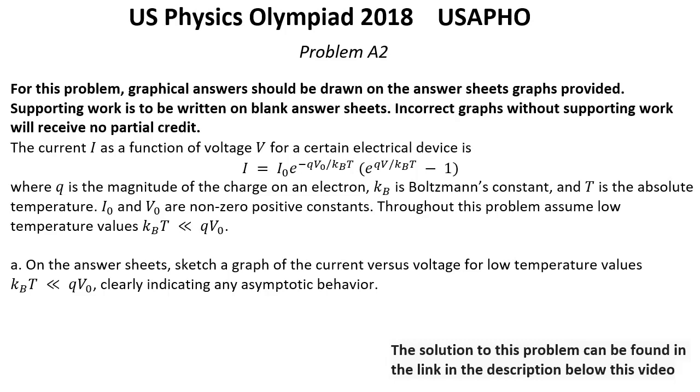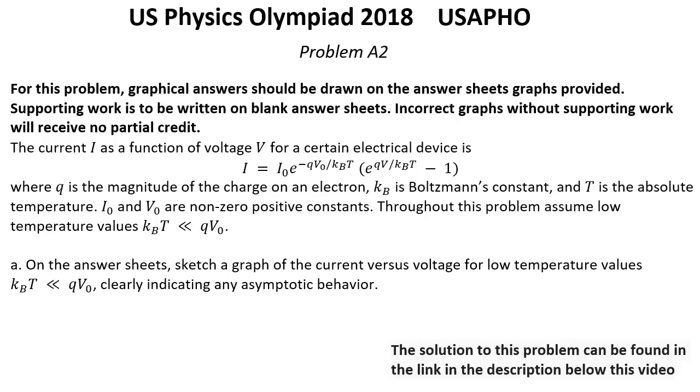The current I as a function of voltage V for a certain electrical device is as shown, where Q is the magnitude of the charge on an electron, kB is Boltzmann's constant, and T is the absolute temperature. I0 and V0 are non-zero positive constants.